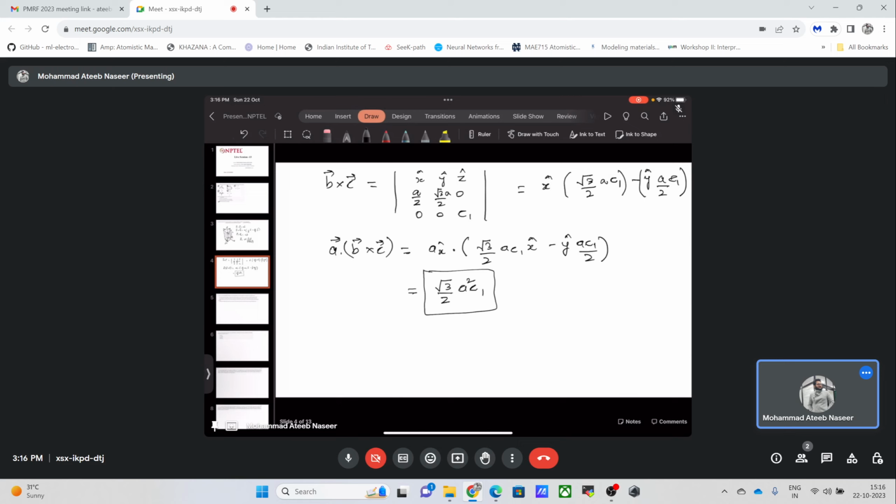Now this reciprocal vector a is 2 pi times b cross c, which is root 3 by 2 a times c1 x hat minus a times c1 by 2 y hat, divided by root 3 by 2 a square c. Let us do simple manipulations.